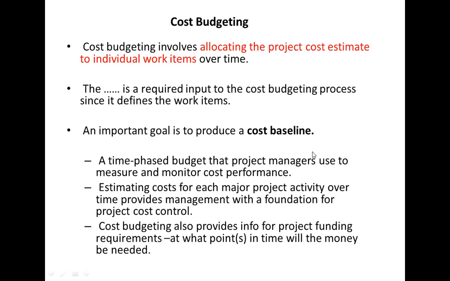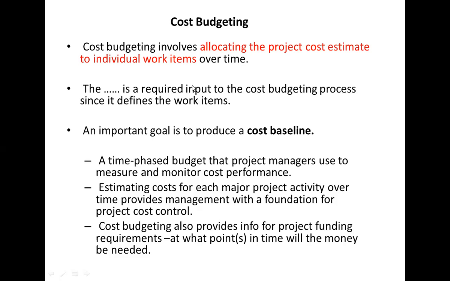So in budgeting, it involves allocating the project cost estimate into individual work items. Previously in estimating, we looked at the whole project. Okay, now we are looking at how we can allocate money into the individual components or activities.